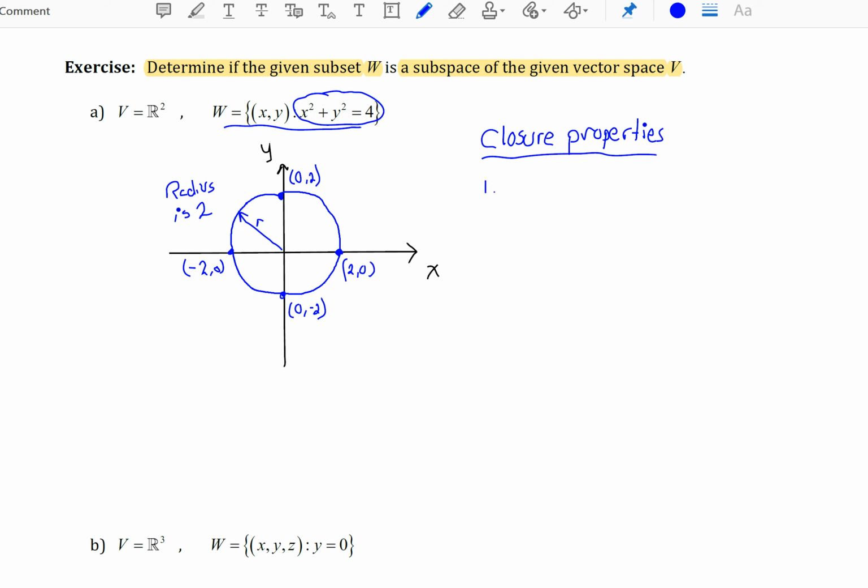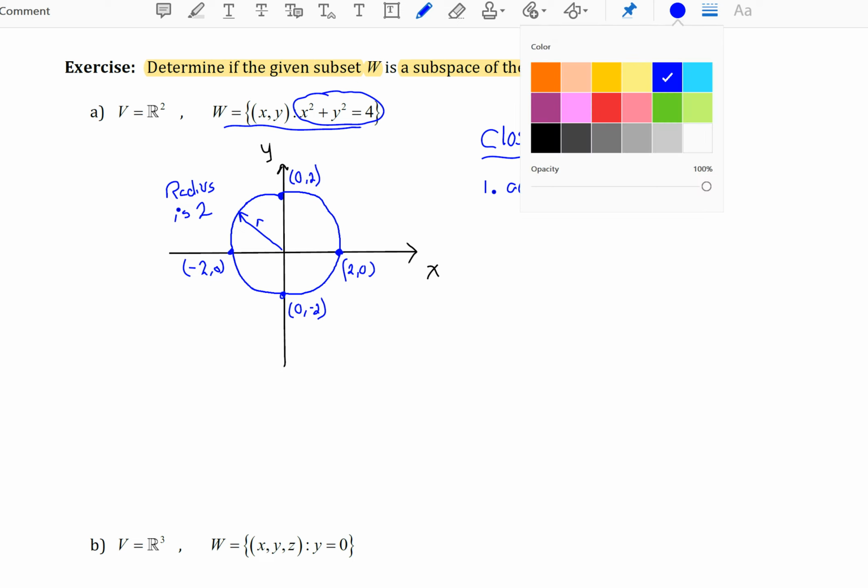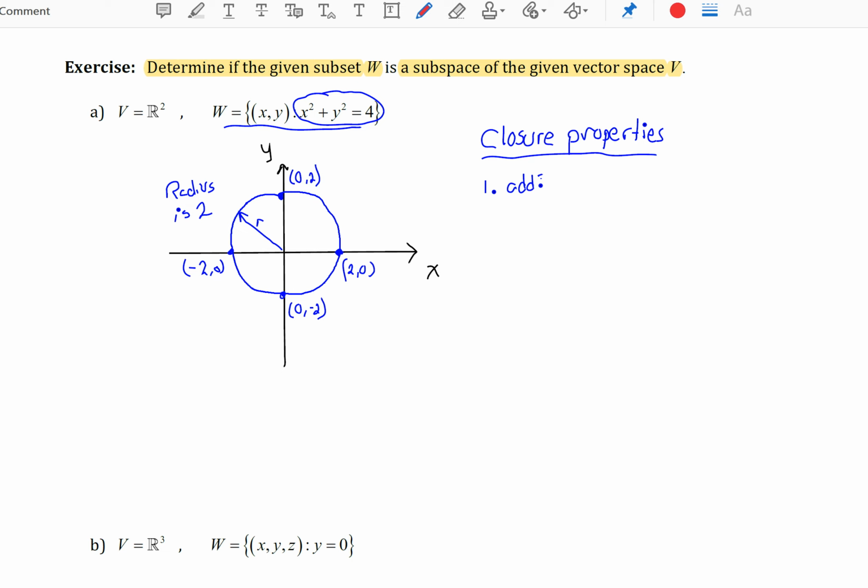So let's look at the first one, addition. We should be able to find two solutions and show that the sum of these two solutions is still a solution. So maybe some easy ones to grab might be like the solutions 2, 0 and 0, 2.